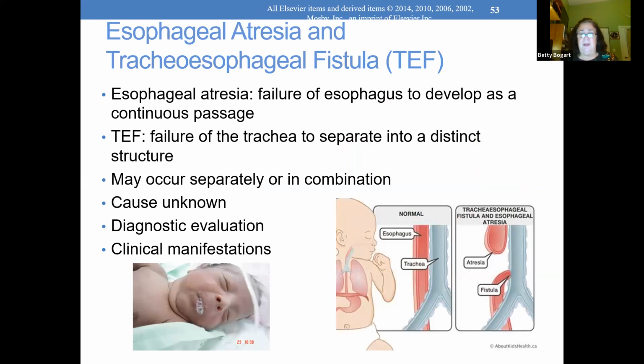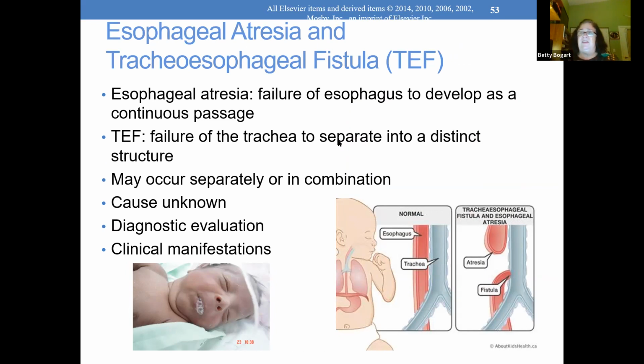Now, another problem is when the esophagus does not connect all the way to the stomach. It's called esophageal atresia. And then the other one is tracheoesophageal fistula, which means a connection between the trachea and the esophagus.